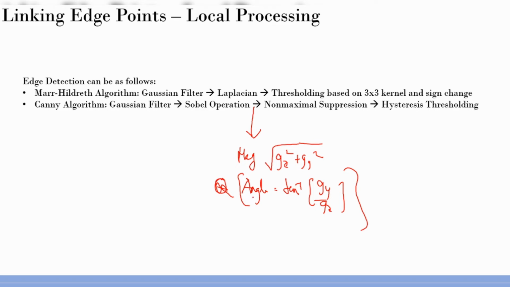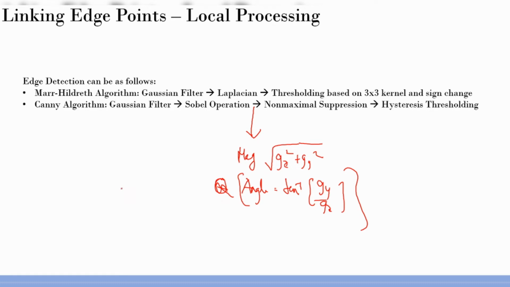And then after that, you go to each and every pixel in the image. For that particular pixel you consider the angle, and only in that direction you consider the magnitude. And then you also see whether that magnitude is greater than a threshold or not.